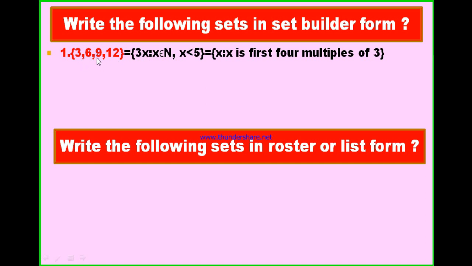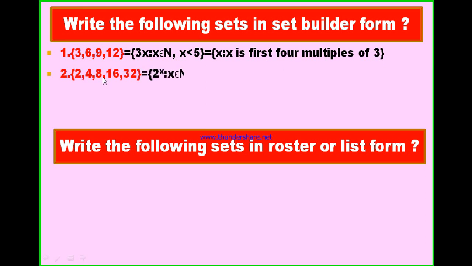Therefore you can write the set {3, 6, 9, 12}, which is in list form, as {3x such that x belongs to natural numbers and x is less than 5}. Here you use symbols to represent this. You can write in words also: x such that x is one of the first 4 multiples of 3.